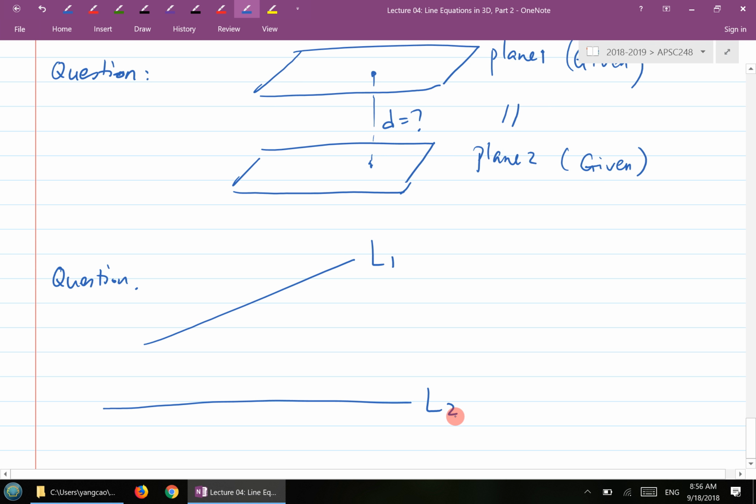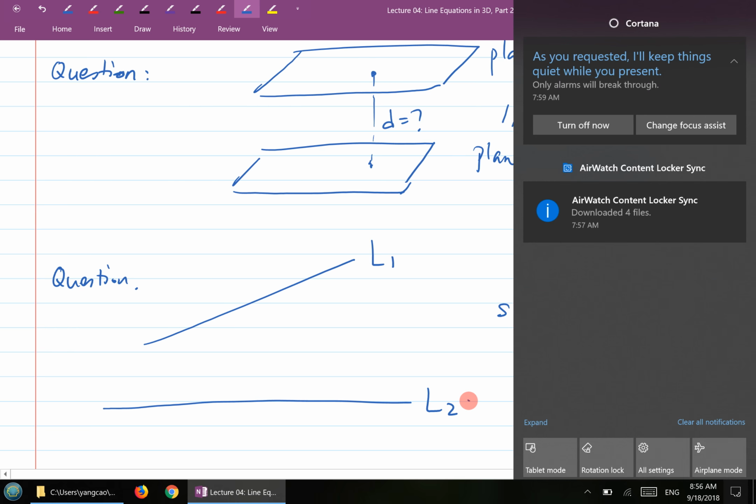They could be parallel, they could be exactly the same, they could also intersect. Then they could also be like this: not parallel, nor intersecting, and this is what we call skewed. Two skewed lines.